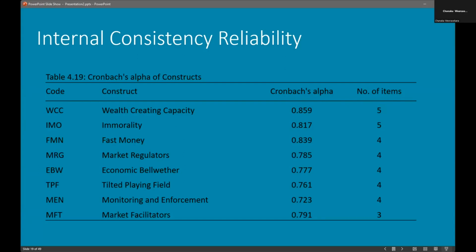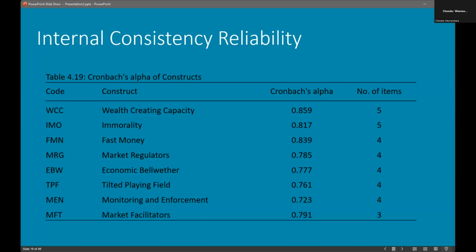But you can run the Cronbach alpha analysis for the total sample, the total survey. Then you can report whatever conclusion you get, the output of the analysis. So there are ways and means of improving the Cronbach alpha value.